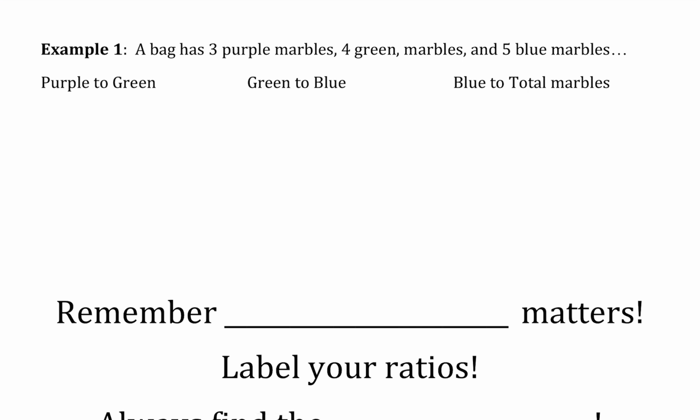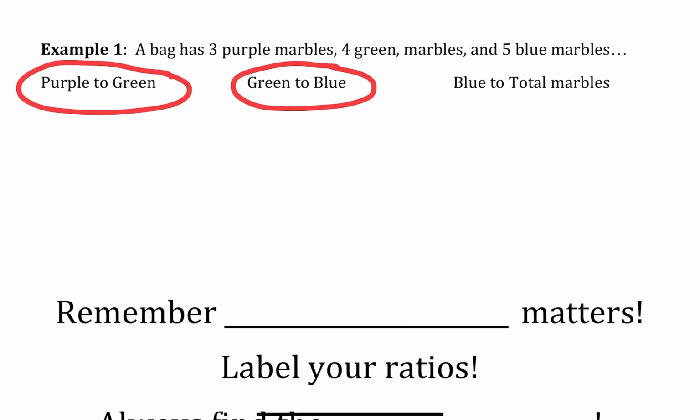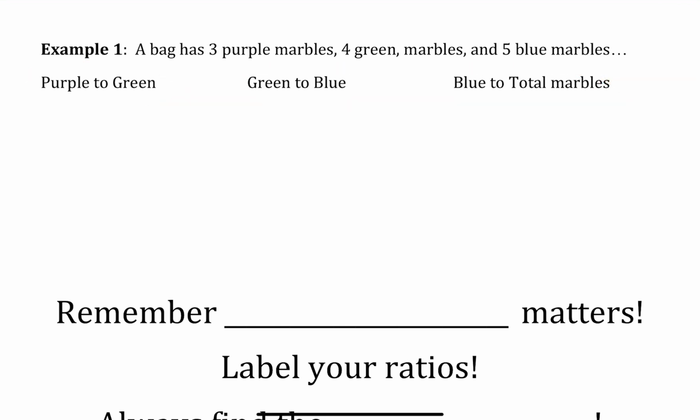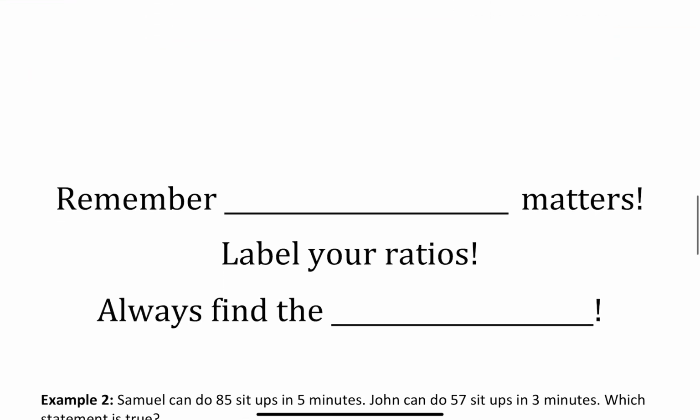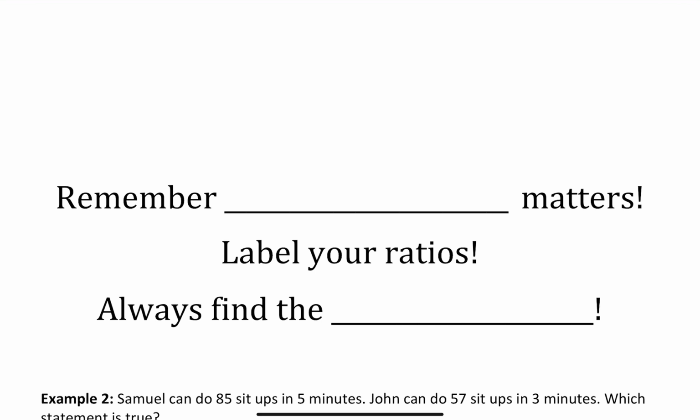So example 1, a bag has 3 purple marbles, 4 green marbles, and 5 blue marbles. We want to write the ratios down here for these different situations. Before we do that, we have to remember order matters. So if it says blue to green, we have to go blue to green.